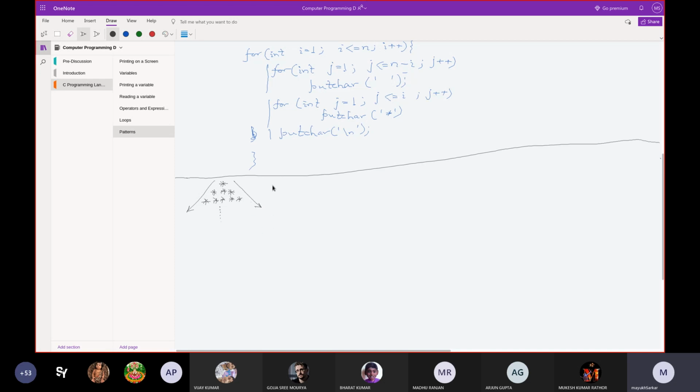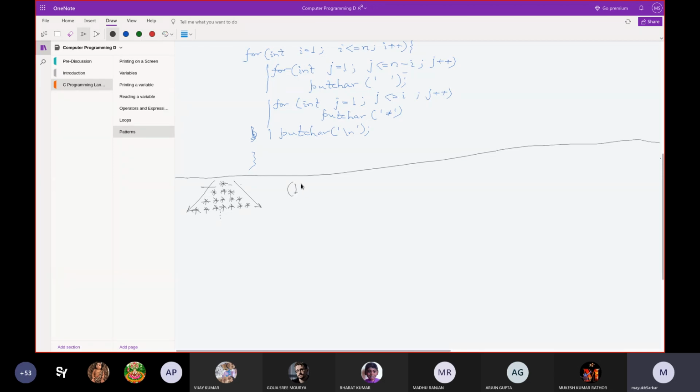Now we have to count the number of spaces and the number of stars. But observe one thing: there is no reason to count the number of spaces after, because as soon as I print the last star, we can immediately get to the new line. So we have to count the number of spaces in front of the first star. Observe that at each step, the number of stars is increasing by 2.